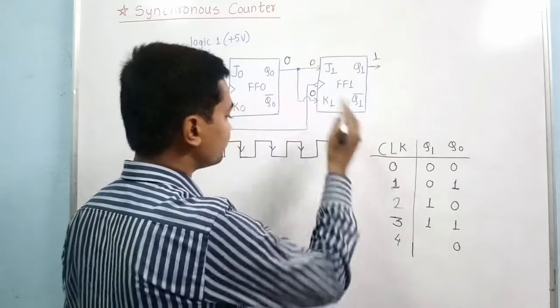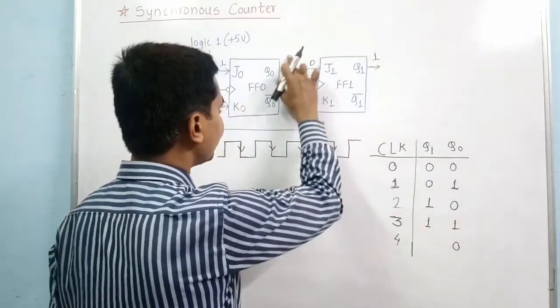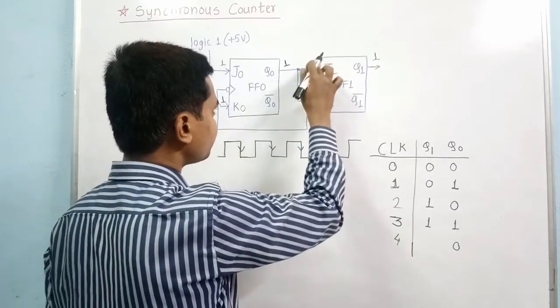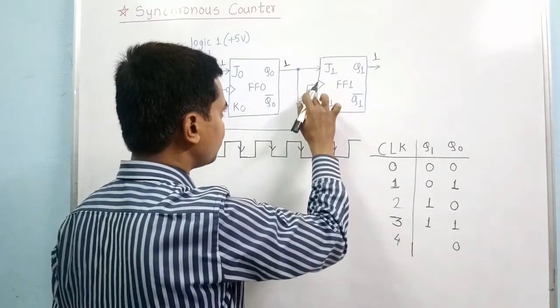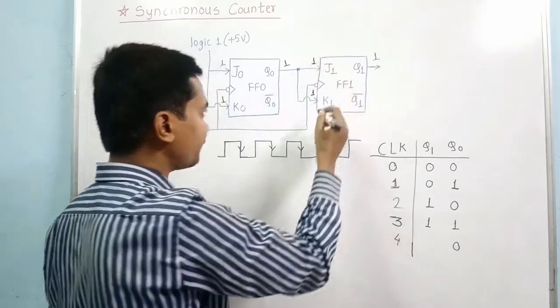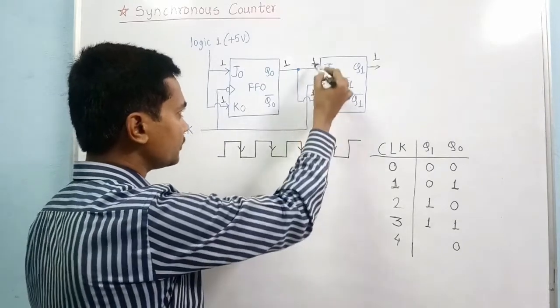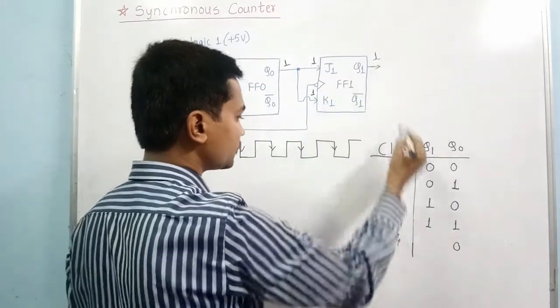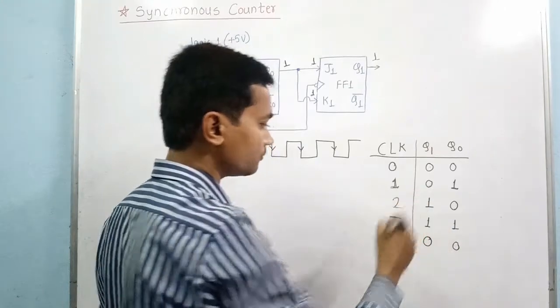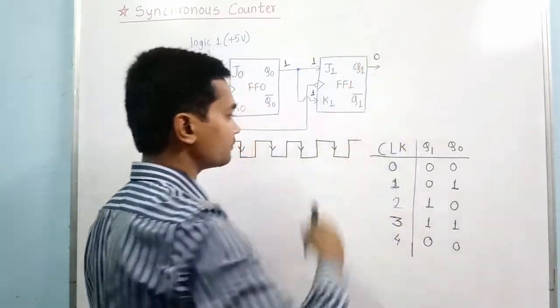The previous state of Q0 was 1, and this 1 was applied to J1 and K1, and these two 1s are waiting here. So when the clock is applied, due to this 1 the output toggles, that is to 0. So this 1 will be replaced by 0 here.